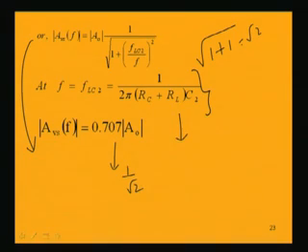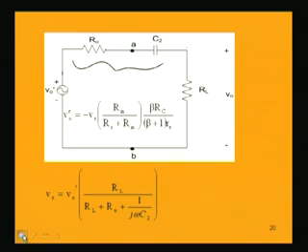So, that verifies that the lower cutoff frequency due to C2 is equal to 1 by 2 pi into RC plus RL into C2, and basically that is nothing but, if we look into the circuit and find out what is the effective resistance across C2 and then find out what is the time constant, from that we get the same lower cutoff frequency only.